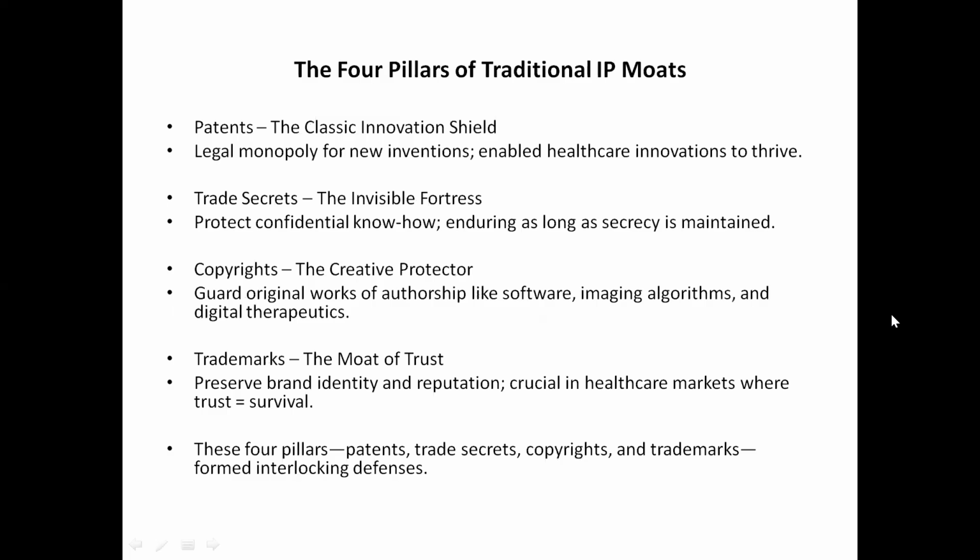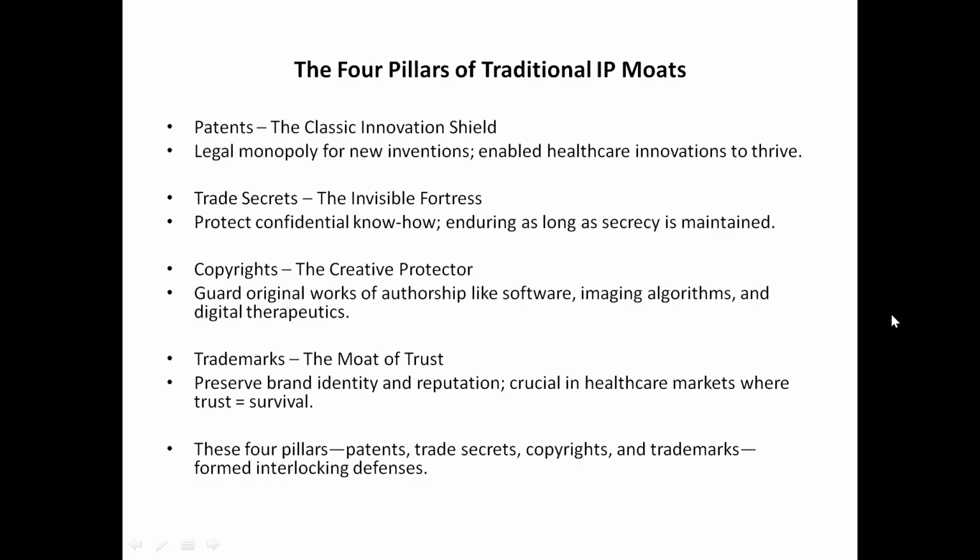So the four pillars of the traditional IP moat. This is what we call intellectual property that can be protected under the legal domain. Patents, you know about. This is the crown of innovation.